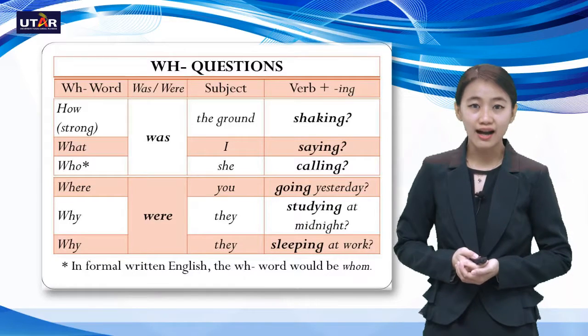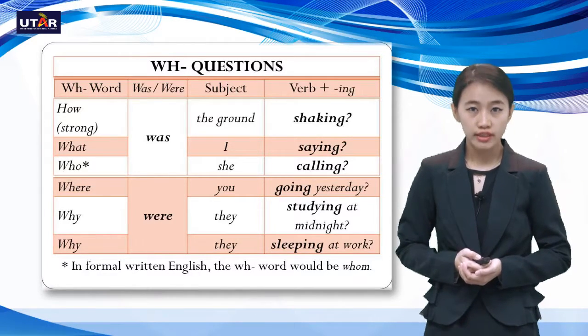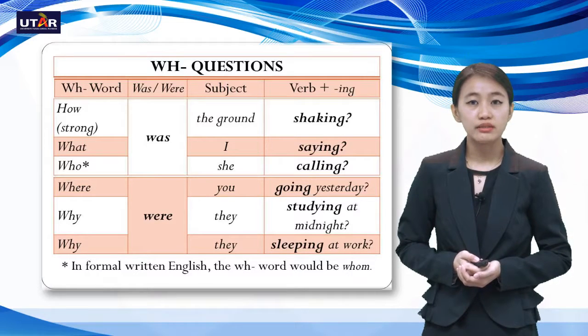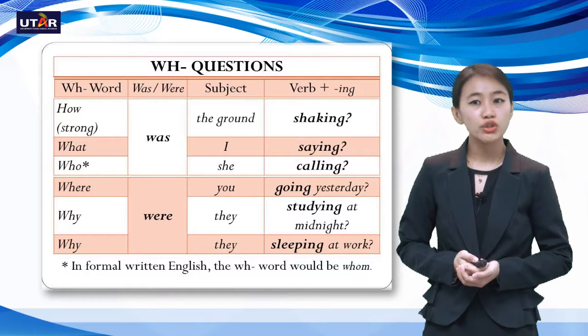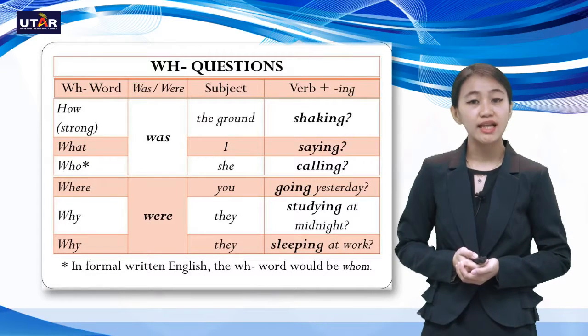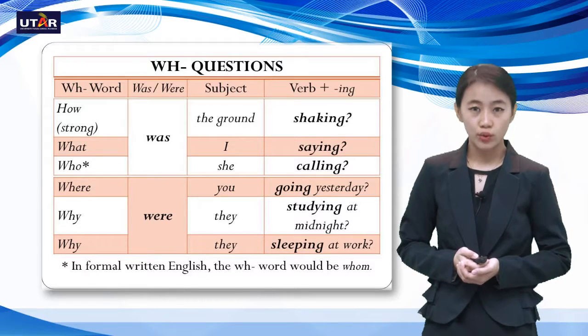What was I saying? Who was she calling? So this, of course, will be in the singular form. Whereas plural form, where were you going yesterday? Why were they studying at midnight? Why were they sleeping at work?